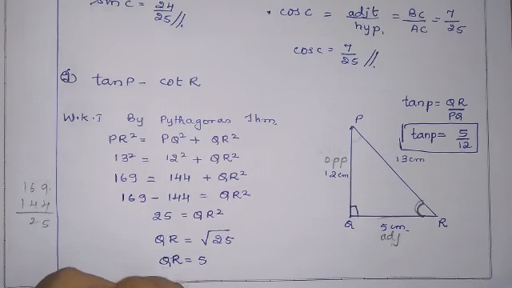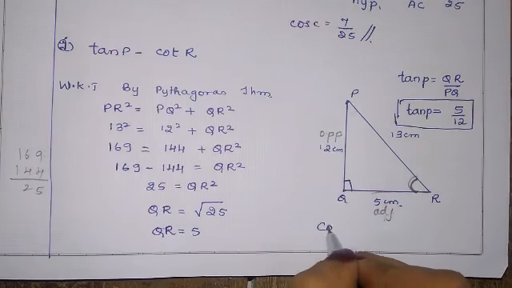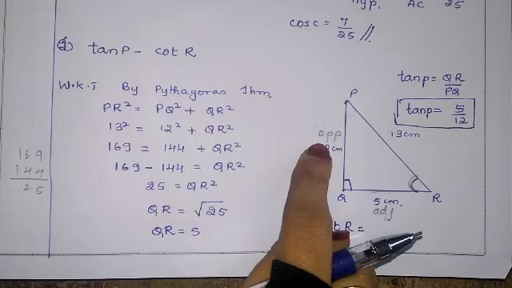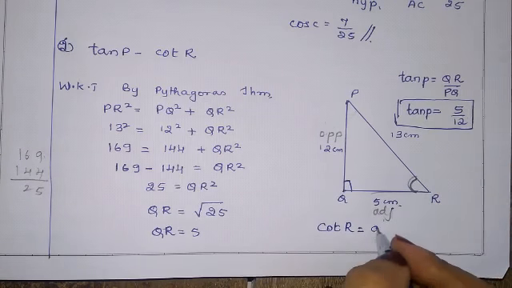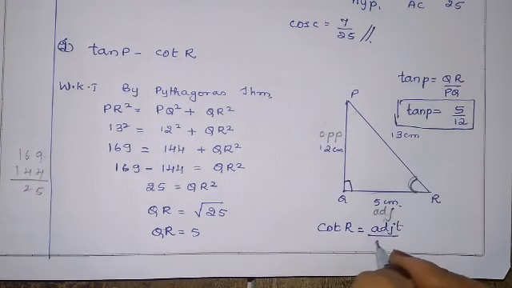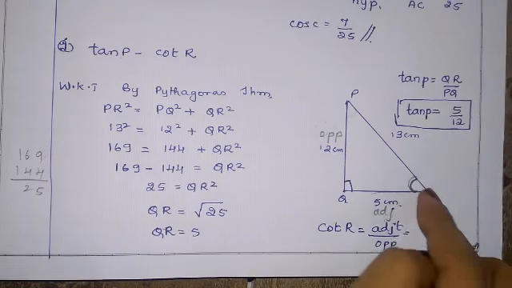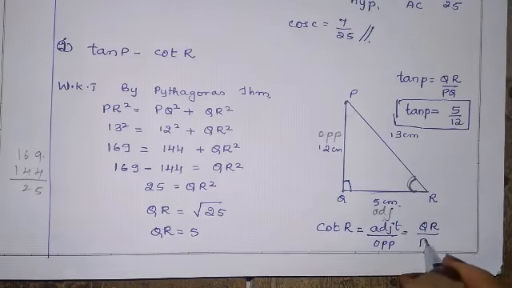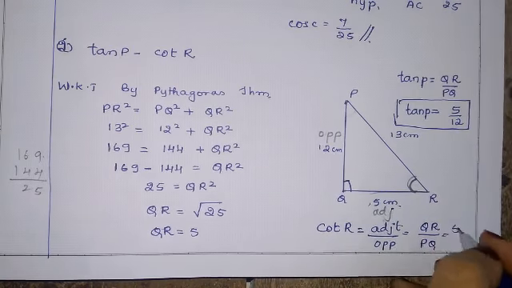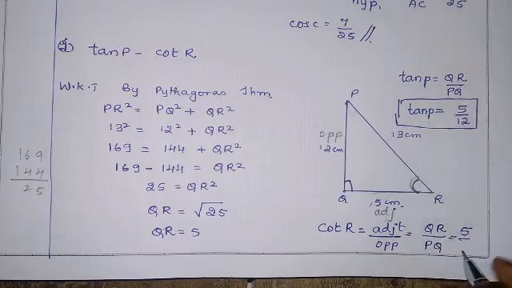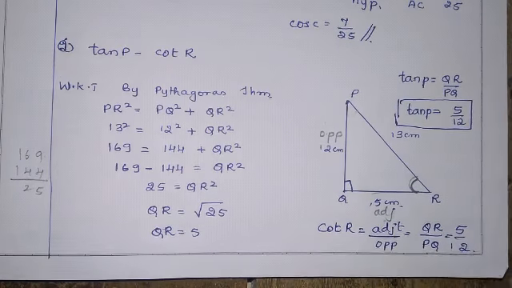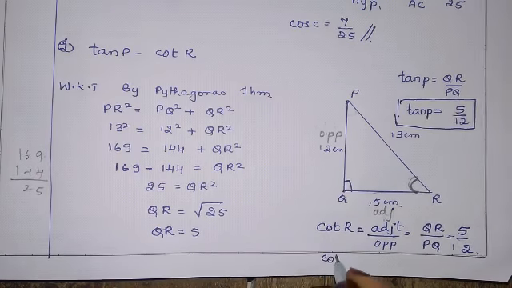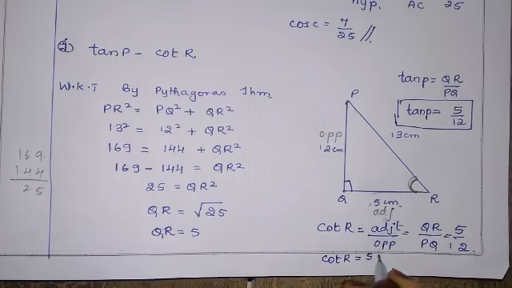Cot is nothing but adjacent upon opposite. Adjacent is QR upon PQ. QR is 5 upon PQ is 12. So we got cot R is 5 by 12.